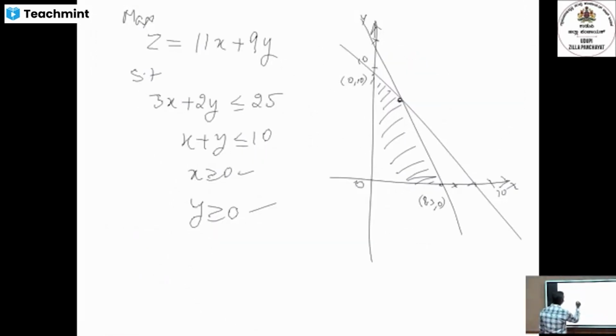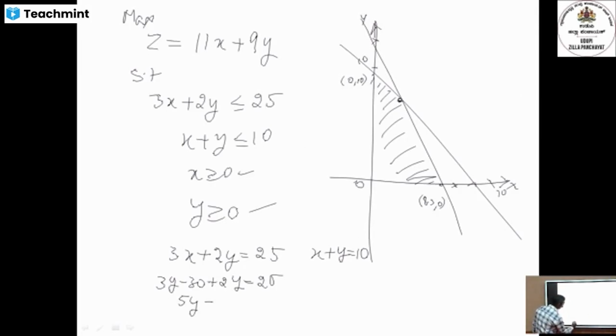So when you solve these equations, 3x plus 2y equal to 25, and x plus y equal to 10. Substitute x equal to y minus 10, so it is 3y minus 30 plus 2y equal to 25, that means 5y equal to 55, y equal to 11.